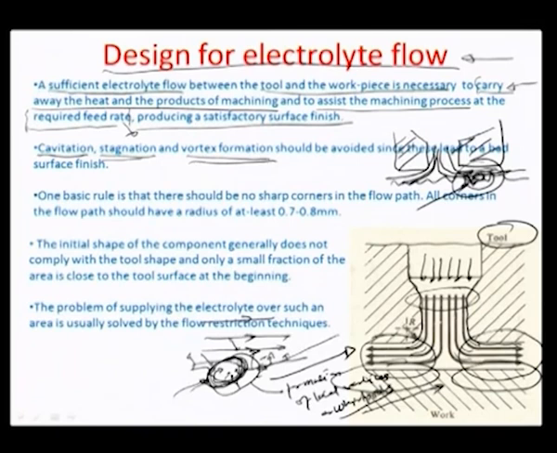One basic rule that is followed is that there should not be any sharp corners in the flow path. All corners in the flow path should have a radius of at least about 700 to 800 microns. For example, you can see there is a chamfering here at the corner, just for introducing this concept of laminarity of the flow which is guided from this corner.